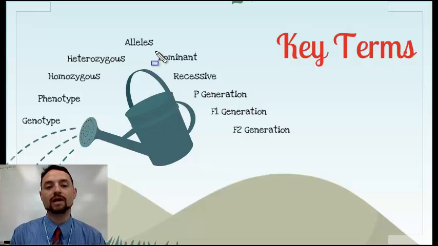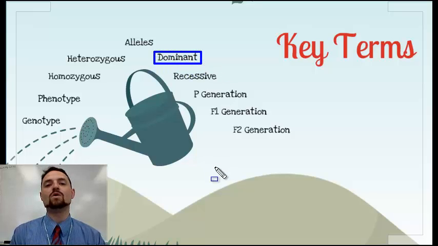were expressed frequently. He said some of these traits are expressed in the F1 every time, and that's the only trait that's expressed in the F1. So he referred to that trait as dominant.